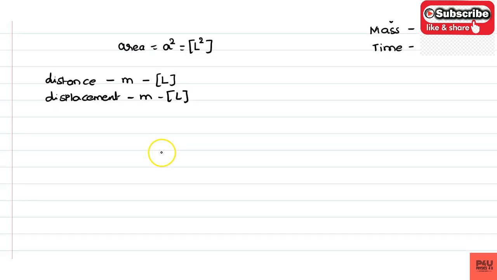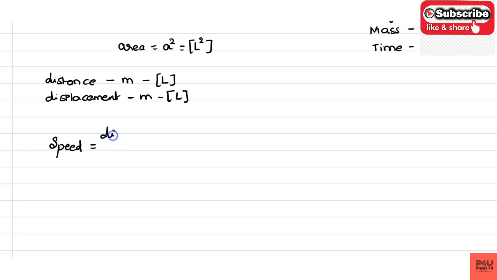Now let us discuss some physical quantities which depend on the fundamental physical quantities, one by one. Area and volume we have already discussed. Let us discuss speed or velocity.